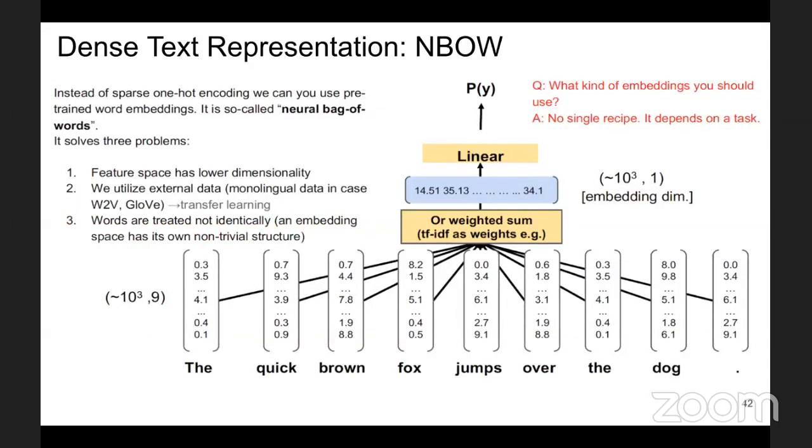Now this question often comes up: what kind of embedding should you use, GloVe, ELMo, whatever? As I told you earlier, it really depends on the task. There is no single recipe. If a task is very simple, your baseline model can be on word2vec or GloVe, and you can see how good or bad it behaves, because of the trade-off you're making. In GloVe you have three options, vectors of size 50, 100, 300, capturing different layers of information.